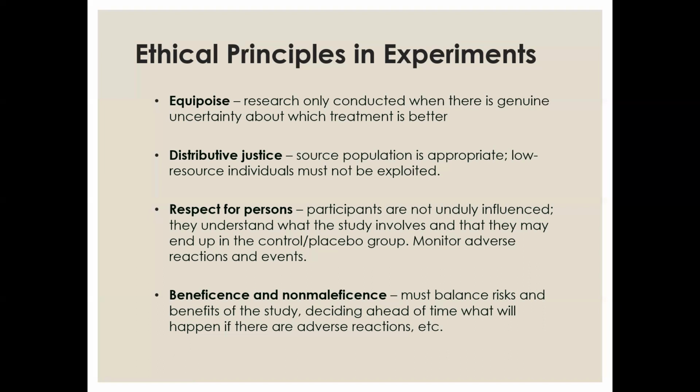Distributive justice says, right, that if you are testing this on people who are poor, but they never see the benefit, it's got to be justice for all, so that everyone in the population can benefit from this intervention. And respect for people, right?